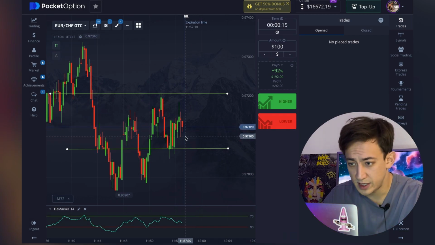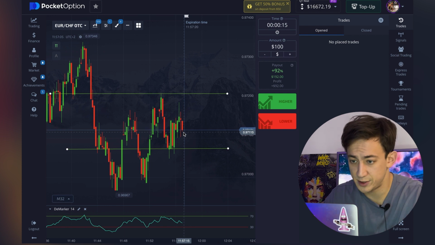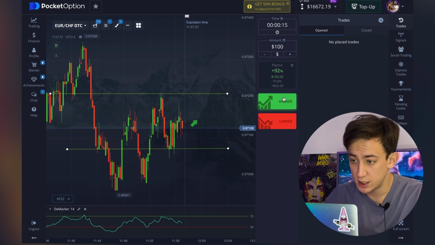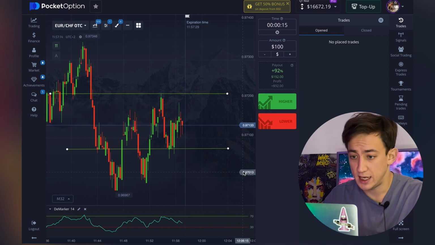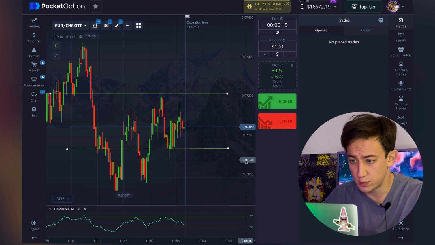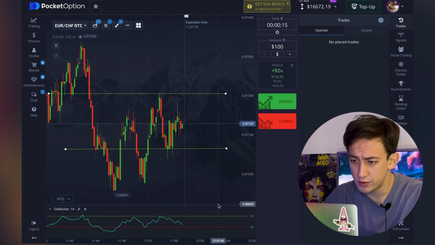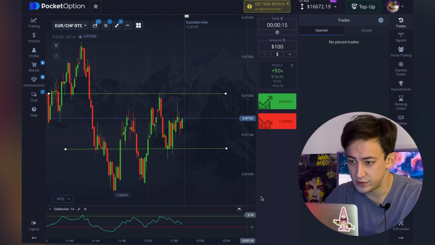Friends, always remember the importance of risk management. It is not recommended to put everything into a single trade. Diversify your investments, use stop loss orders, and stay mindful of your budget. Diversify your portfolio wisely. Don't rush into consecutive trades without careful consideration.